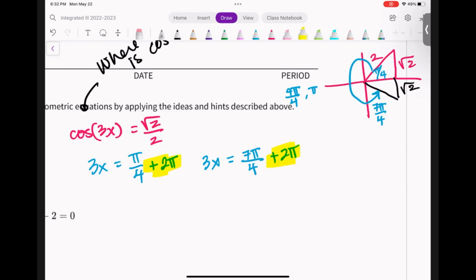I'm going to get pi over 4, then pi over 4 plus 2 pi, then plus another 2 pi, all the way through. So I'm going to put 2 pi k, with a k on the end. And that k is going to add as many circles as I want. 2 pi is a whole circle, a whole rotation. K is however many rotations I want. And remember, we can always do plus or minus, okay? So just remember, we're doing plus or minus all of that.